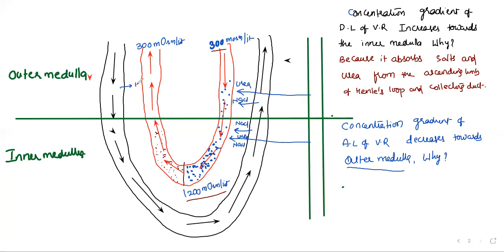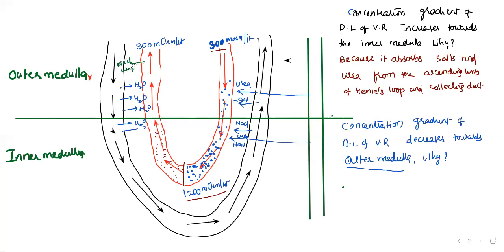Because it absorbs water from the descending limb of Henle's loop, and it returns sodium chloride and urea. It has to return.